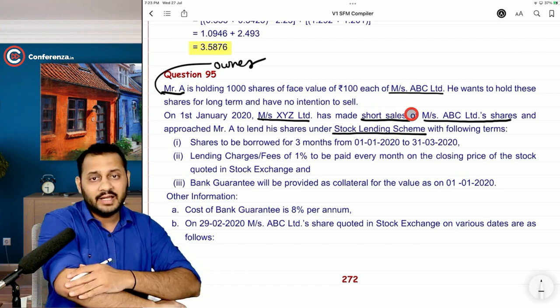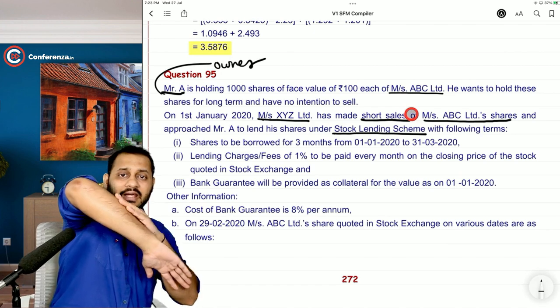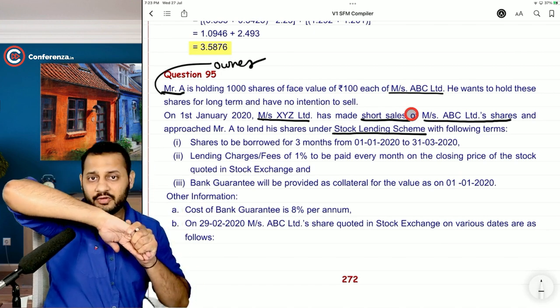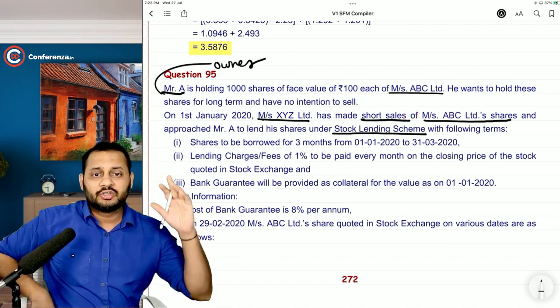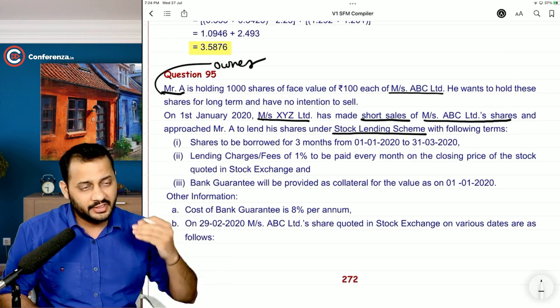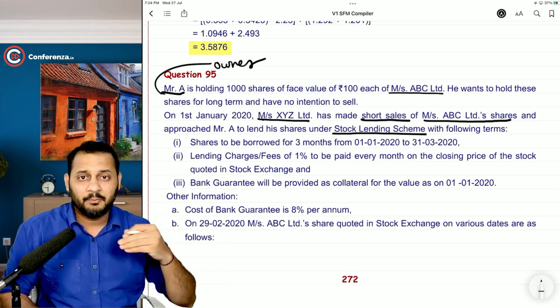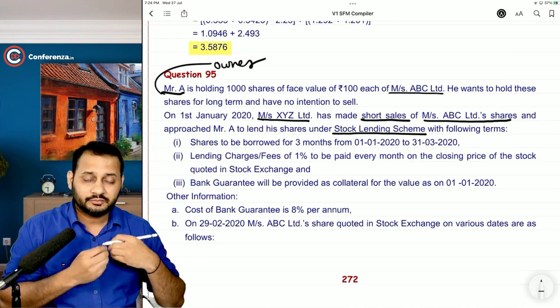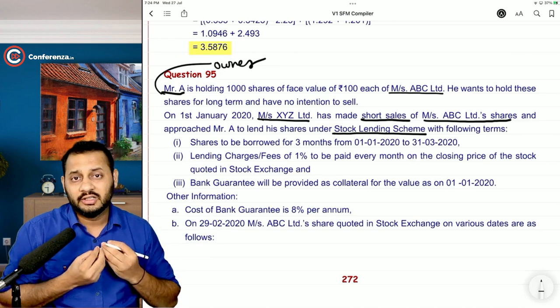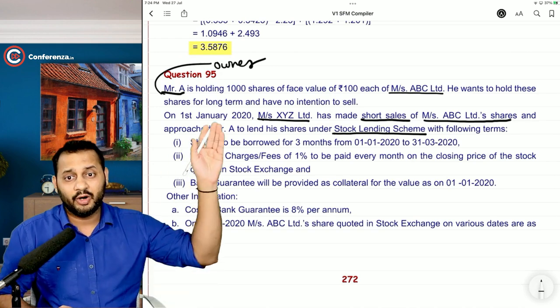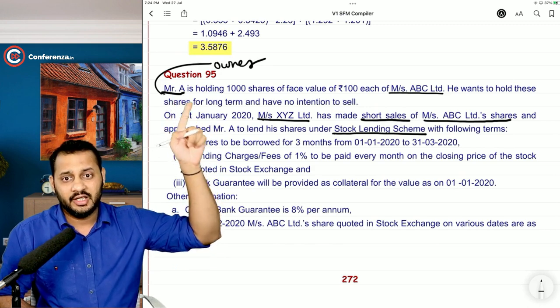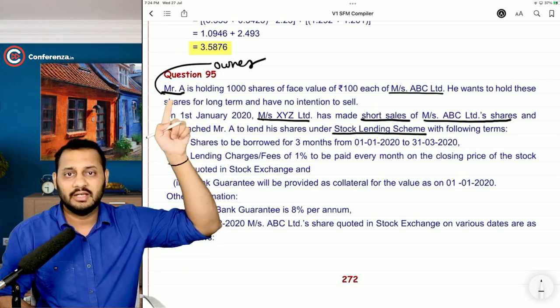So at higher price he will sell, and at lower price he is going to buy to make a profit. He sold the stocks to someone else, but he will have to first borrow those shares from Mr. A. He will be the borrower, and Mr. A will be the lender.